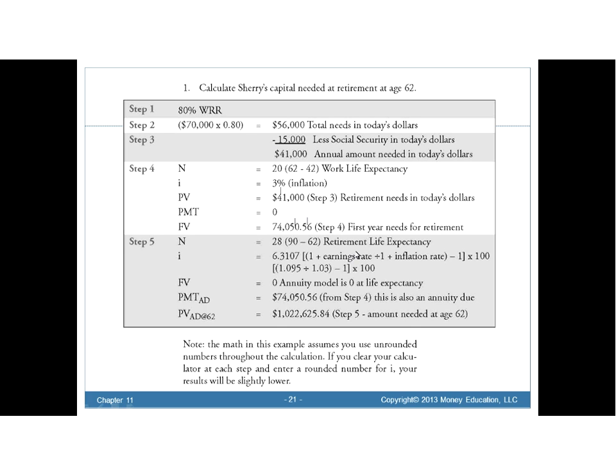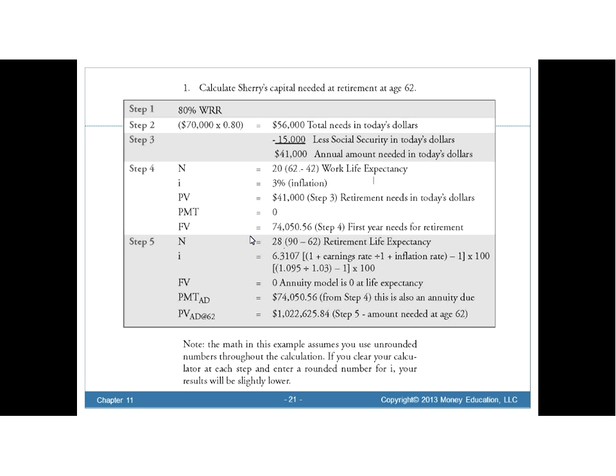So if we need to spend $74,000 a year in retirement for 28 years, which is life expectancy minus the retirement age. This is the RLE, retirement life expectancy, versus WLE, work life expectancy. So we've got RLE is 28. I use the inflation-adjusted rate of return because I'm going to earn 9.5%, but the amount that I take out is going to keep increasing with inflation.